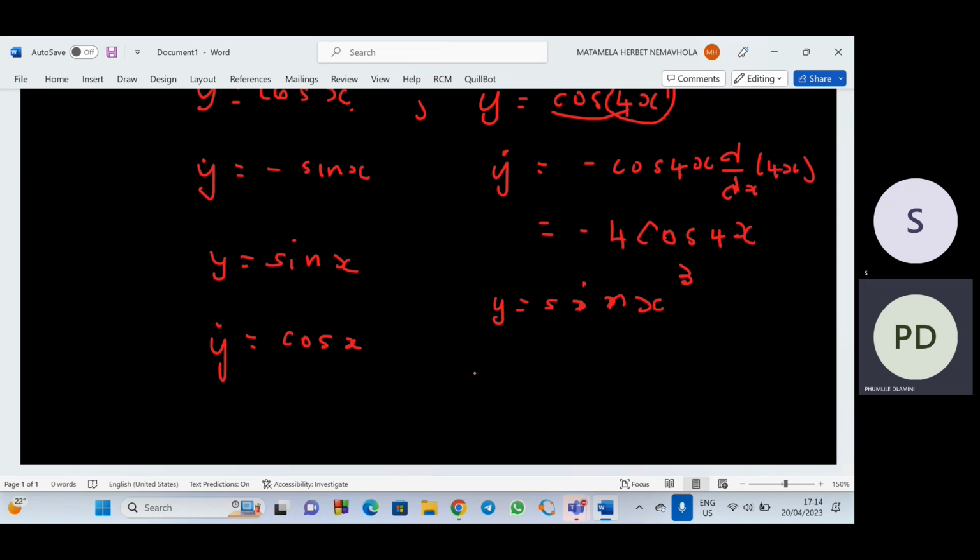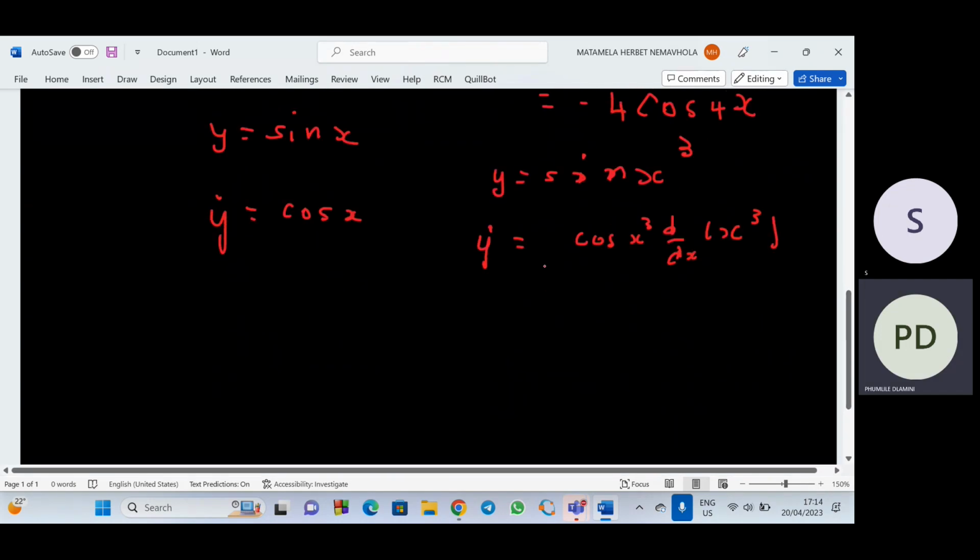To differentiate this, your answer will be cos of x cubed, then d over dx of x cubed. When we differentiate x cubed, it's going to be 3x squared. So when we rewrite it, it's 3x squared times cos of x cubed. That's how you do it.